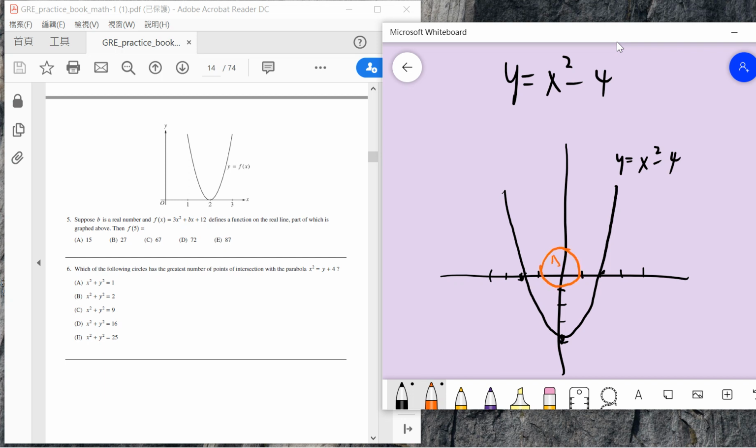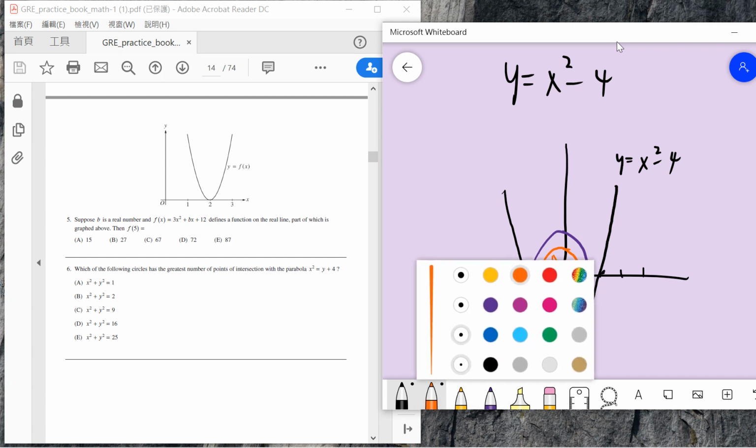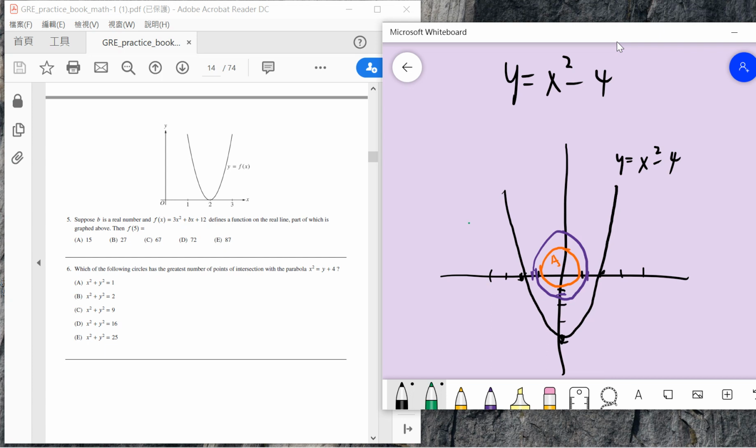So this is A. Then B is 2, so the radius is square root of 2. Still no solution. And the third has radius 3. Let me change the color. 1, 2, 3. Maybe here.